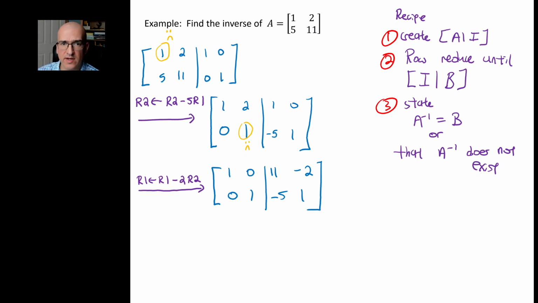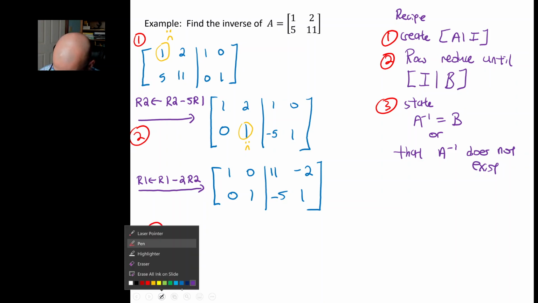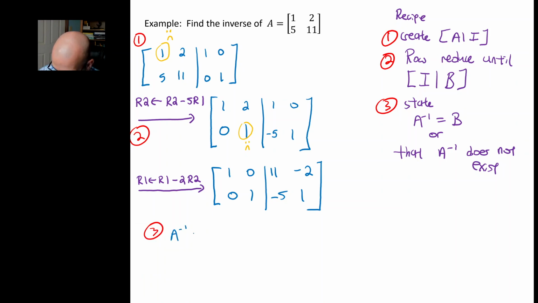I still got cat butt in my way, but I'll keep going. This is step 1 up here. This was step 2 over here. Now we'll do step 3. We're going to state what A inverse is equal to. A inverse is equal to 11, negative 2, negative 5, 1. Okay, and that's our answer.